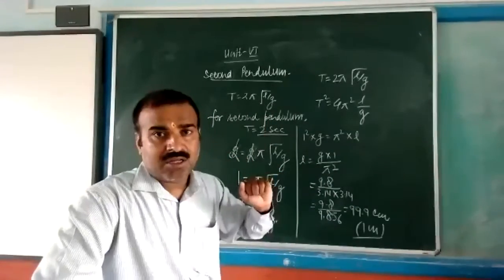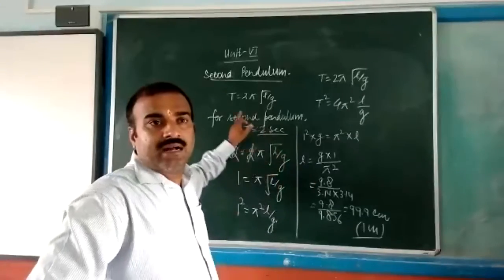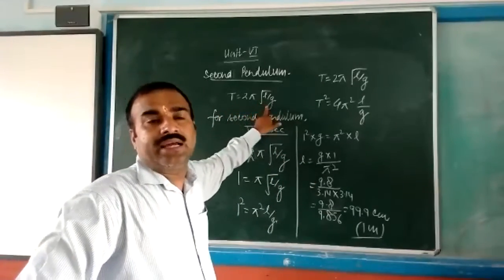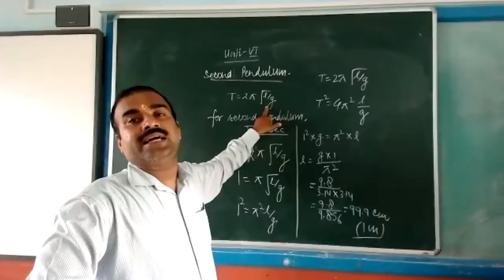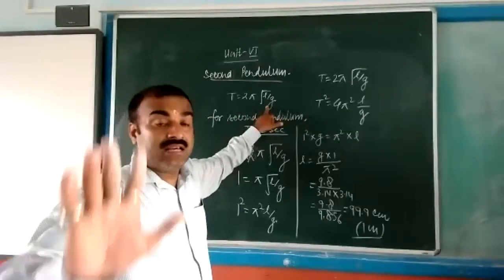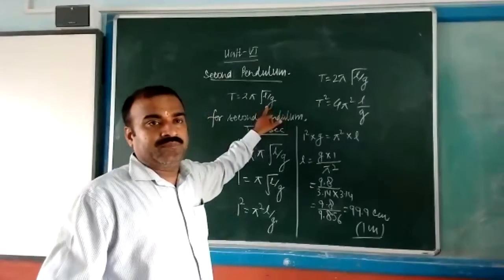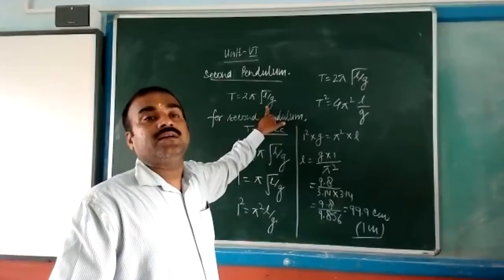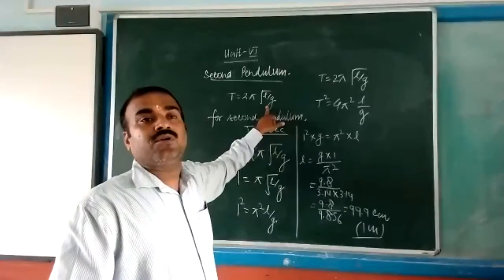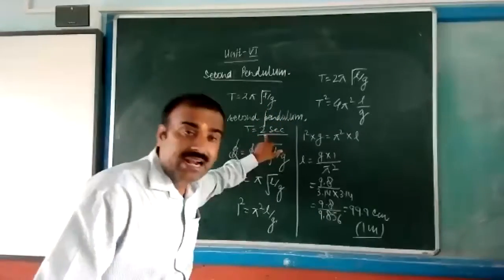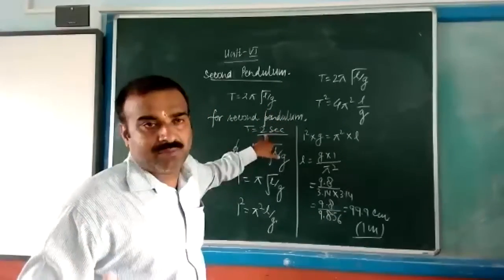Okay, now, we know the formula T equal to 2 pi under root L by G. This is the formula for the time period of a simple pendulum, not about the second pendulum.